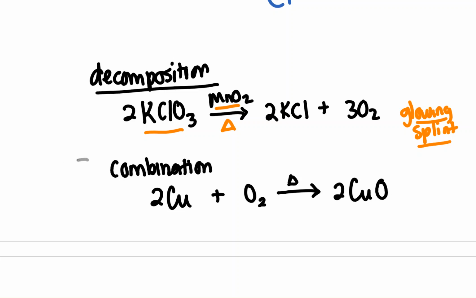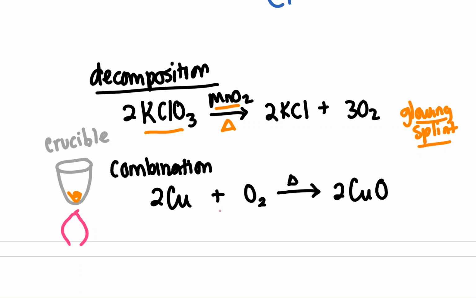Remember, this is where we used a white porcelain dish called a crucible. We put our copper in it, and then we applied a flame, and it got really hot.